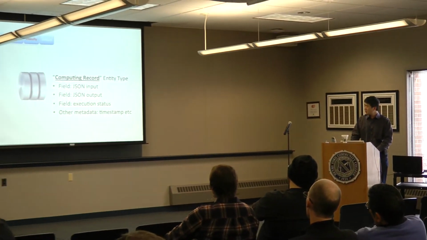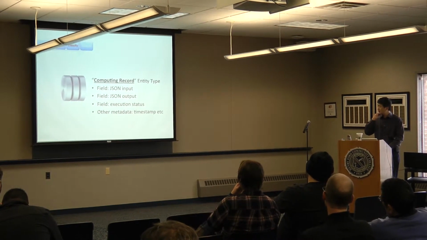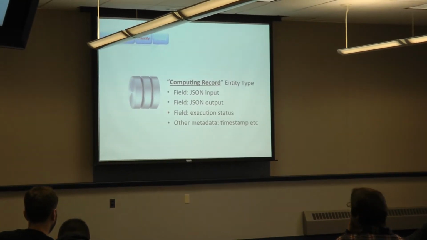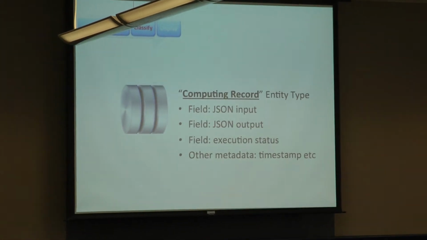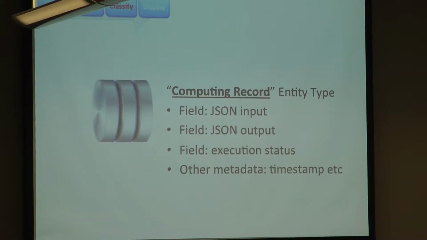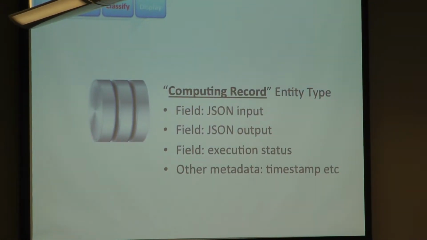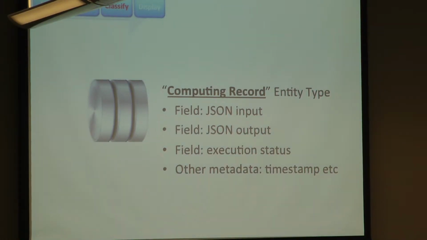Our solution was to have a contrib module that mimics a very simple worker-producer message queue through the use of this computing record entity type. Each of these computing records is a Drupal entity and runs inside of Drupal, so whatever you can do with a Drupal entity, you can do with a computing record.